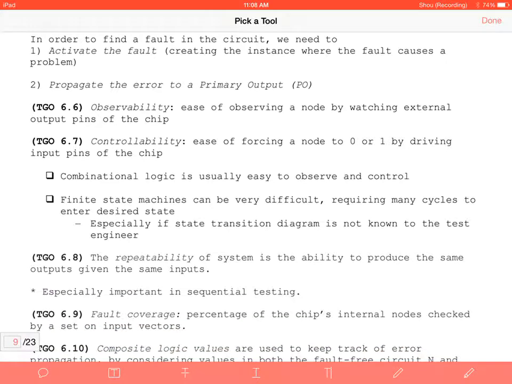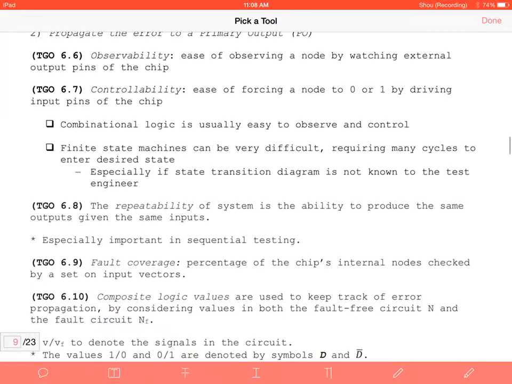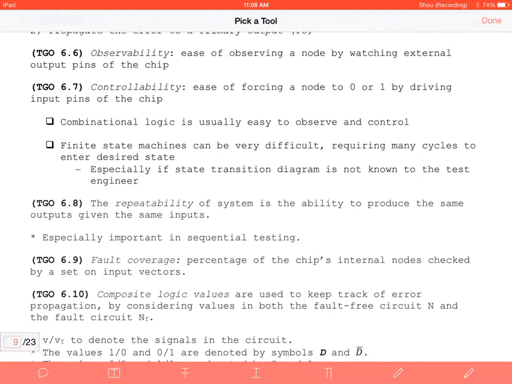And so the other part is repeatability. So especially in sequential circuits, you have to make the same error happen again and again. Right? So if you are dealing with a D flip-flop, you have to worry about how the error occurs when your clock is 0 as opposed to your clock is 1. How is it affected when you're in your hold and setup time?